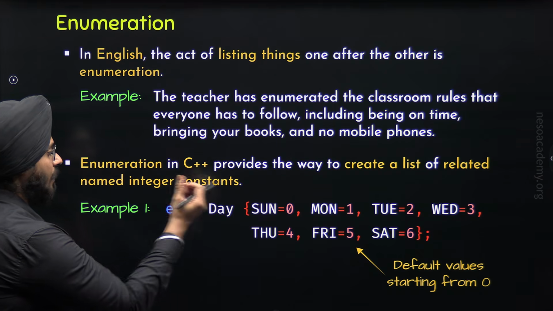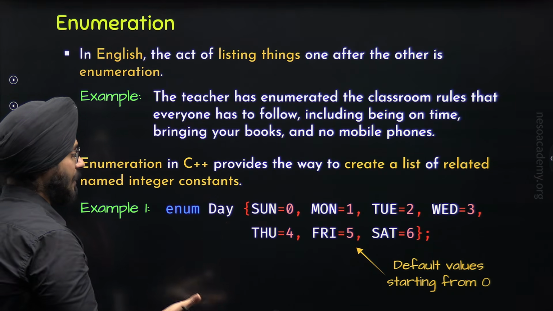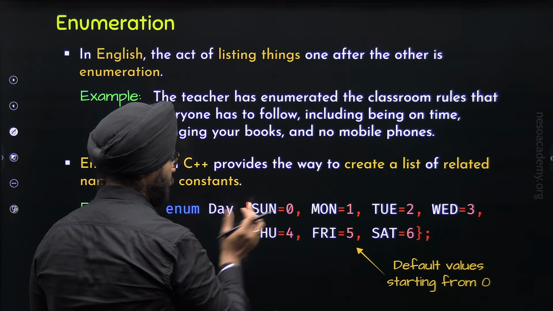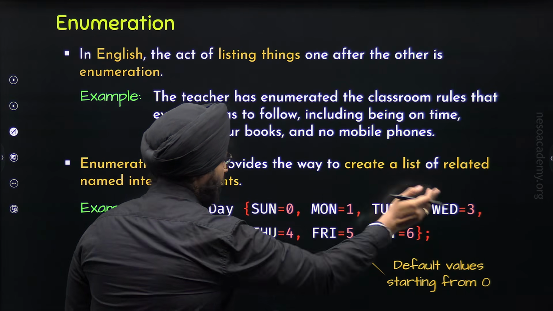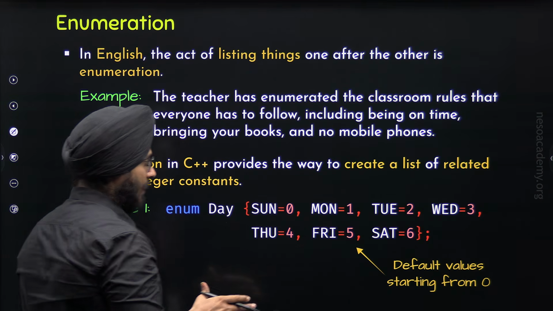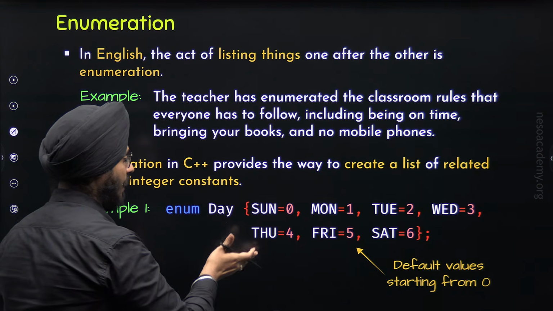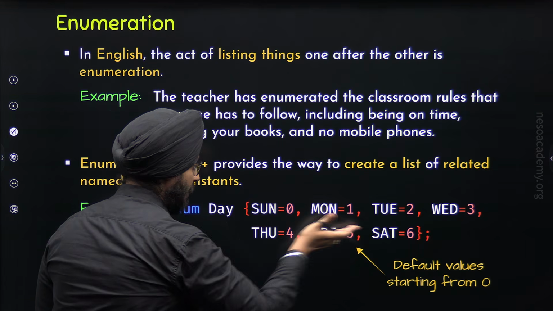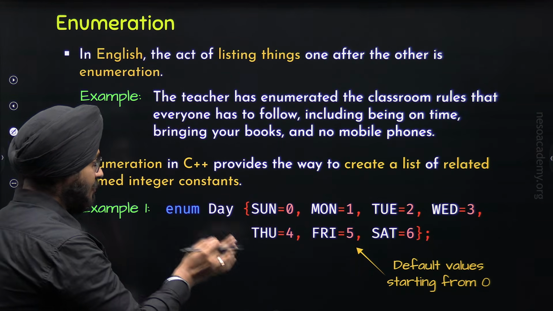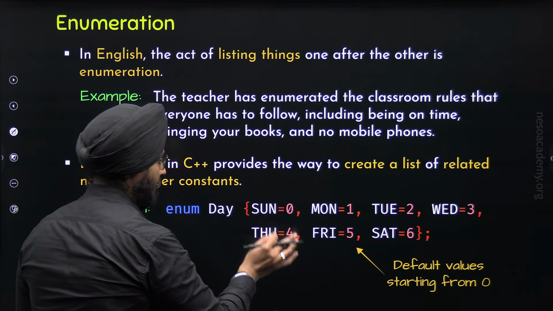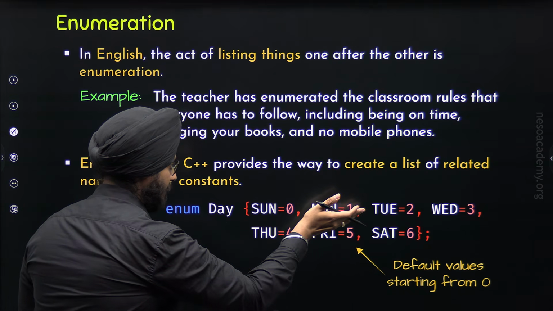If we want, we can provide our own values. Like if we want to provide 1 to Sunday, 2 to Monday, 3 to Tuesday, and 4 to Wednesday, then we can do that. In the same way, we can provide values to the rest of the integer constants as well. We can do this with the help of the assignment operator, just like this.